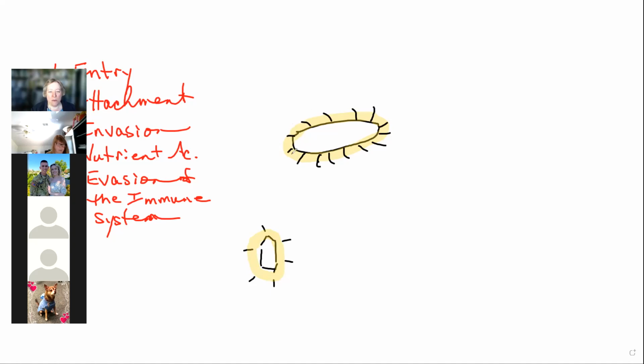The body has realized that there's a problem. Whenever cells get popped, they release a chemical signal saying, help, help, help. I'm going to put my big old white blood cell here. The goal of the white blood cell is to eat these guys down, but the pathogen's goal is to hide. You've got to hide from the other team.